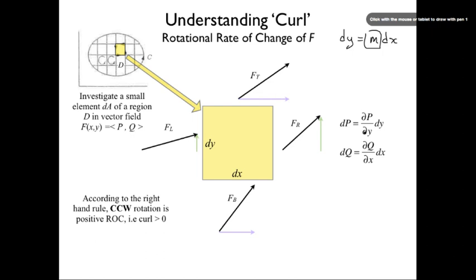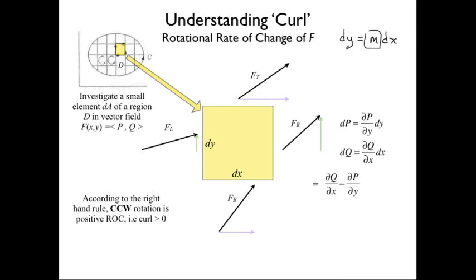So when we combine the effects of partial p with respect to y and partial q with respect to x, what's it going to be? Yeah, the partial q with respect to x, when it's positive, gives us counterclockwise rotation, right?